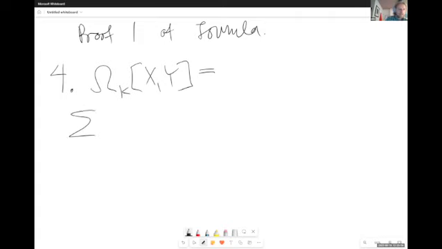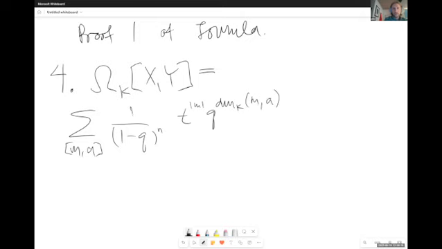If I collect the m and a terms, what I end up getting is something like t to the power of the size of m, q to the dinv of m and a.